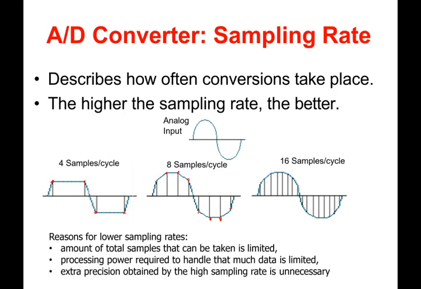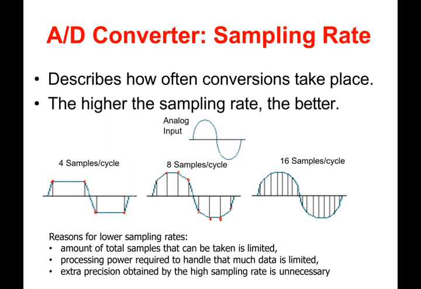But there are some reasons that you may want to have lower sampling rates. Among those, the first one is always how much sampling rate you can do based on the devices you have. Maybe your computer is a very slow computer, or the hard drive is limited, so you have to limit the amount of sampling rate. Also, the processing power required to handle a higher sampling rate goes higher.